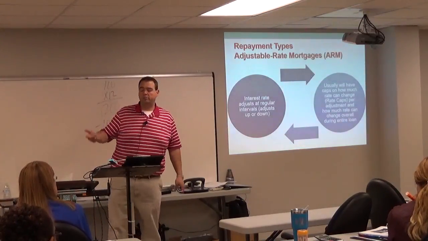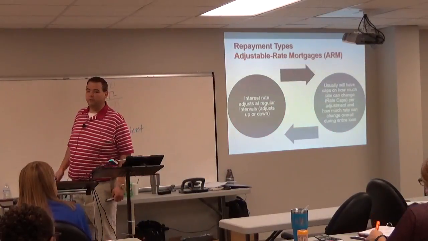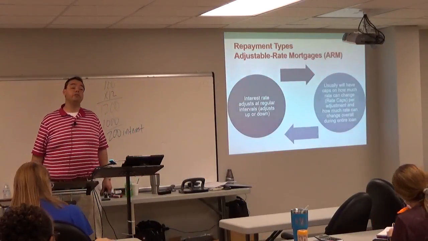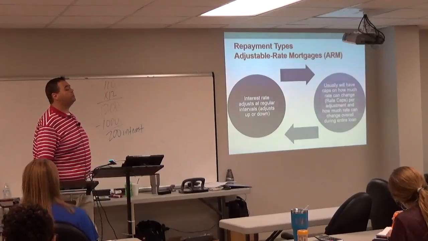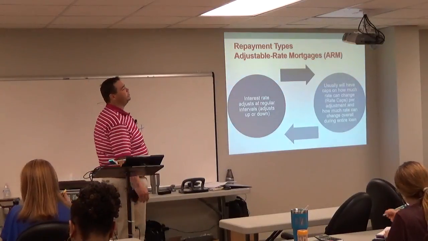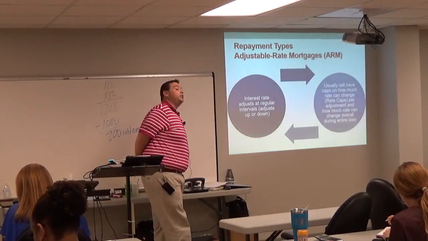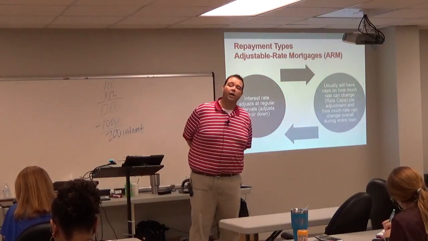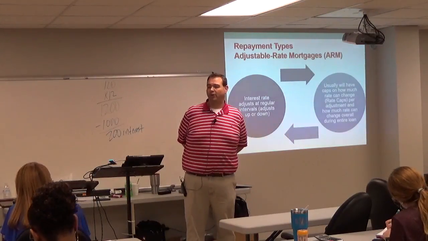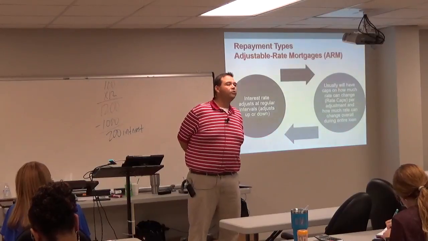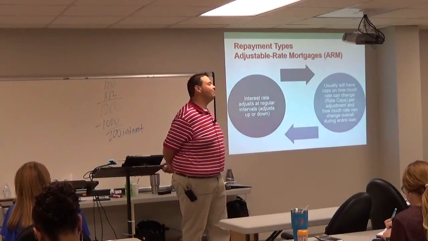You're going to see adjustable rate mortgages on the test. They're going to want you to know certain characteristics of adjustable rate mortgages. What's the biggest characteristic? That the interest rate can do what? Can change, can fluctuate. Now let me ask you, be honest, which way do they normally fluctuate? Upward. Because here's the thing, folks.